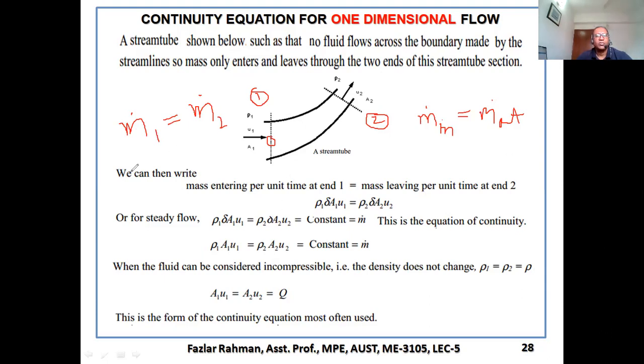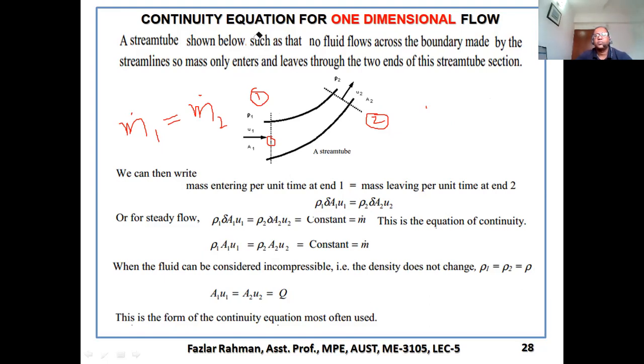Now, how will we figure out the mass flow rate? We know the velocity of the fluid element at section 1, U1, and the area, let's say A1. Or if you think of a small section, area del A1 and velocity U1.